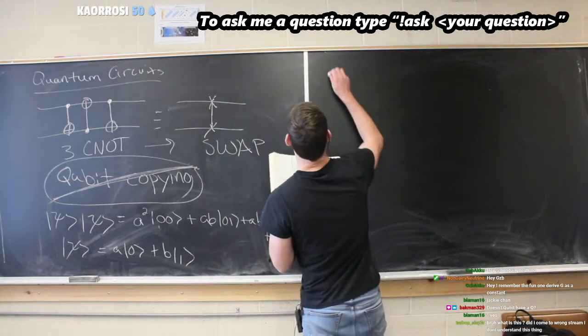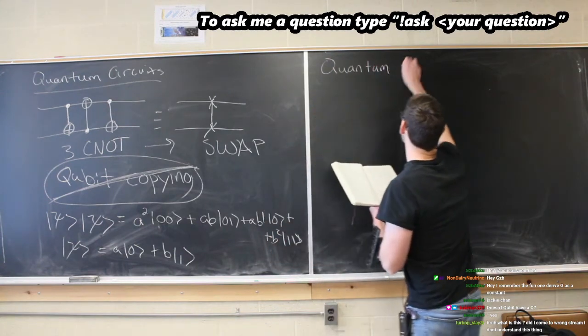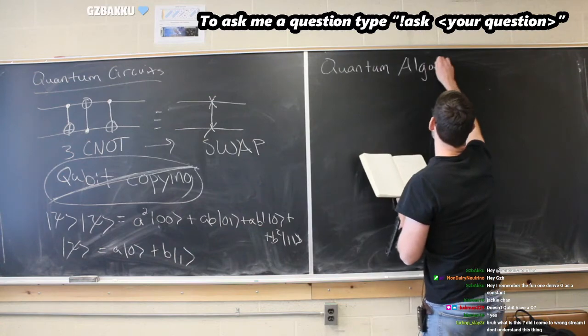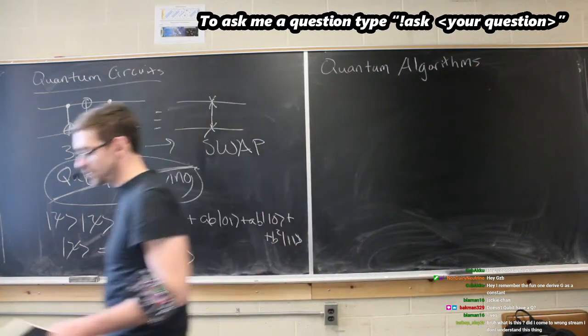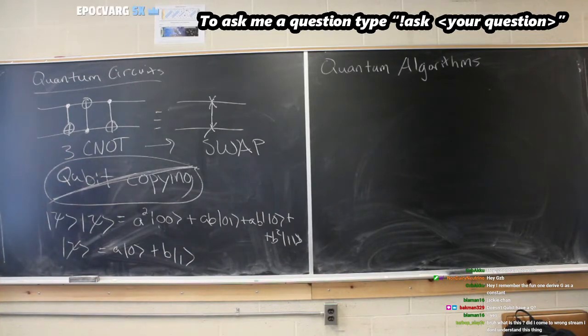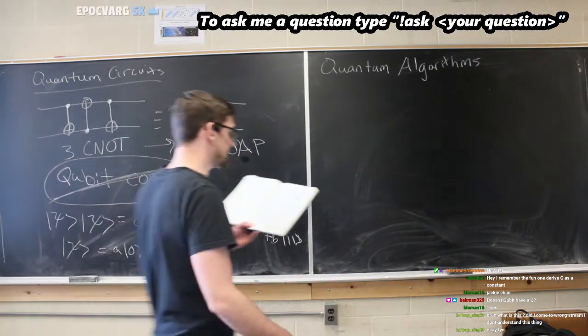Now, we're on to quantum algorithms. And the question again was posed: can we do classical computations on a quantum computer? Well, the answer is yes. Undoubtedly yes. We can get reversibility.